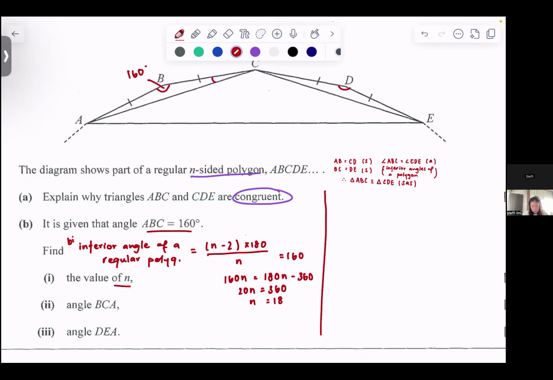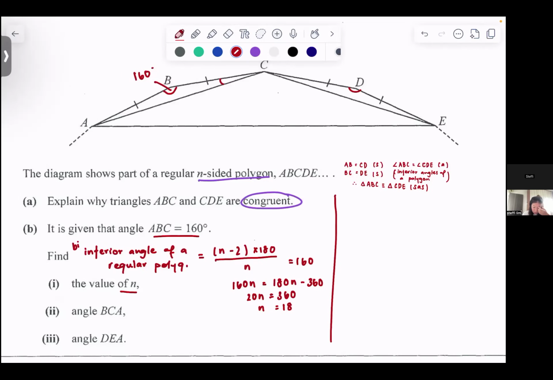What type of triangle is triangle ABC? It is an isosceles triangle. Why? Because two of its sides are the same, AB and BC.